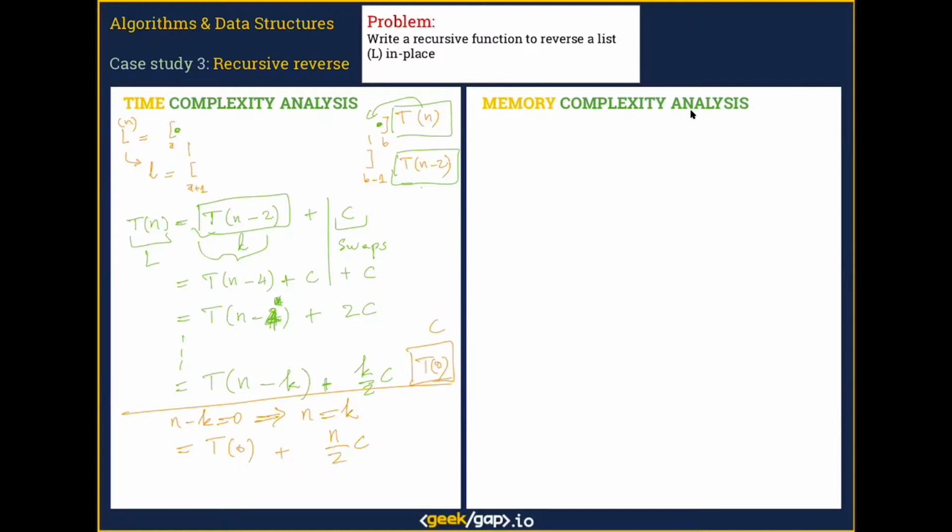And T of 0 is a constant time, so you can call this c prime, plus n divided by 2c, which is big O of n, because this is a constant here and this is another constant, so it's linear.